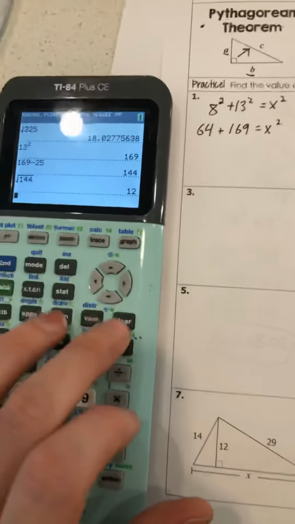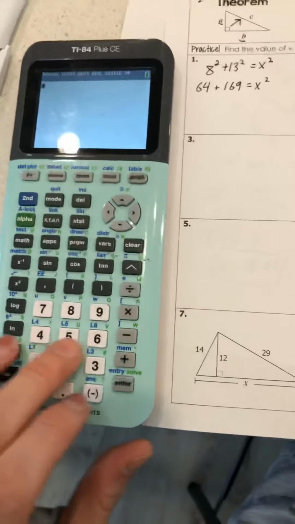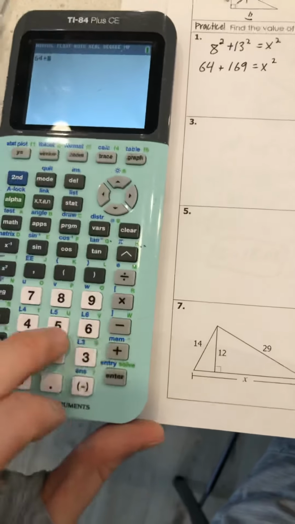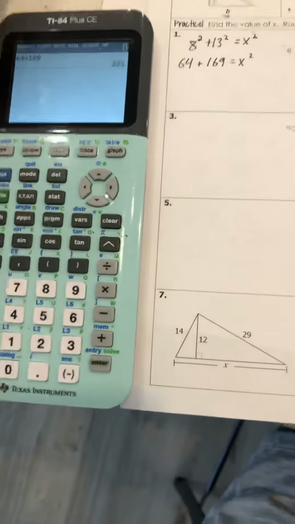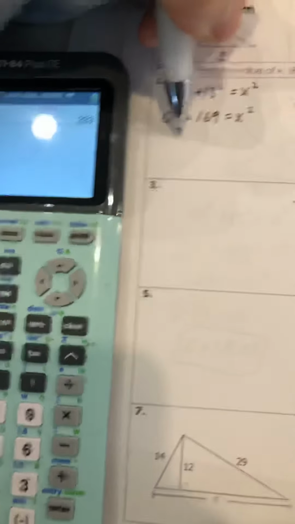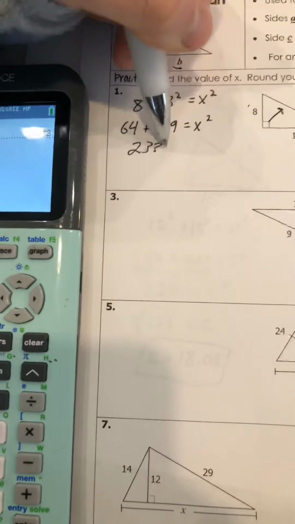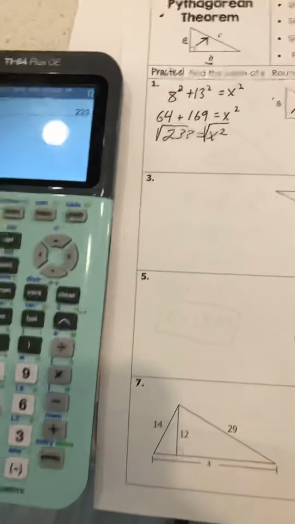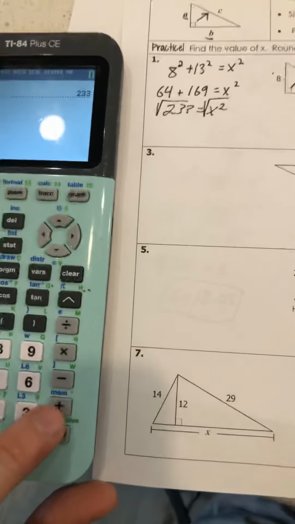Okay, so in the trusty dusty calculator, which you guys have on your phones, which are more than sufficient for this, 64 plus 169 equals 233. And all we want to do is take the square root to find our missing side.